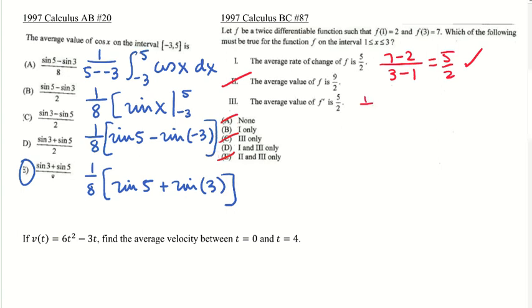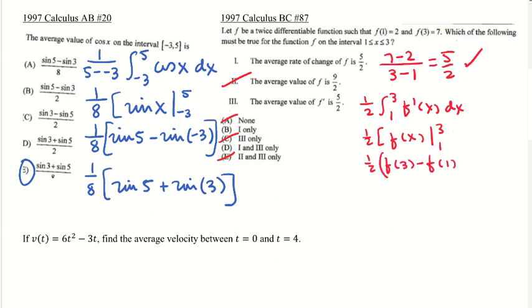It's going to be 1 over 3 minus 1 times the integral from 1 to 3 of f prime of x dx. Now, wait a second. I know an antiderivative for f prime, and that's going to be f. So that's going to be half of f of x evaluated from 1 to 3, which is half of f of 3 minus f of 1. Which is that 5/2. So that's true. So it's 1 and 3.